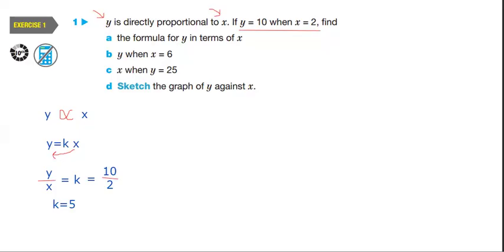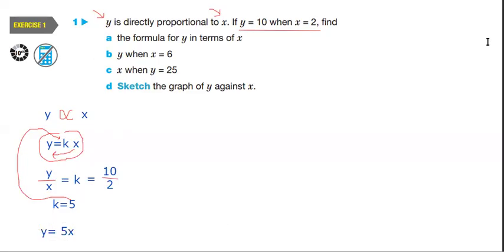Now, after finding the constant of proportionality, I'm going to take it back to the formula that I have here. So I know that K is 5, so I'm going to substitute it here. Y equals KX. This means Y will equal 5X, since K is 5.